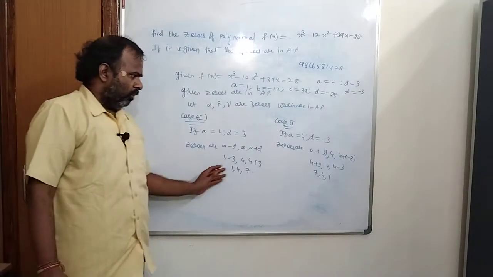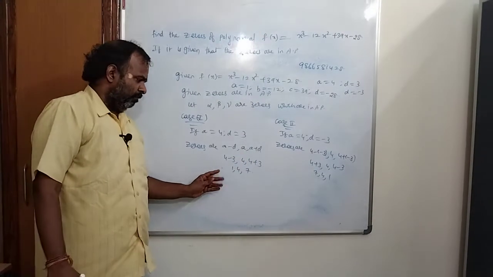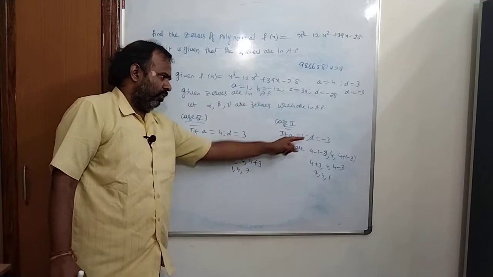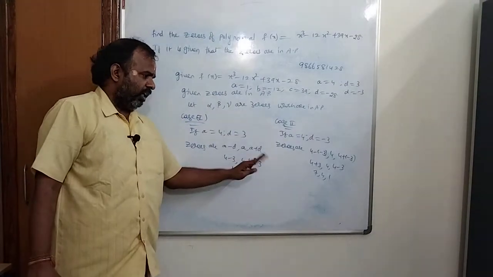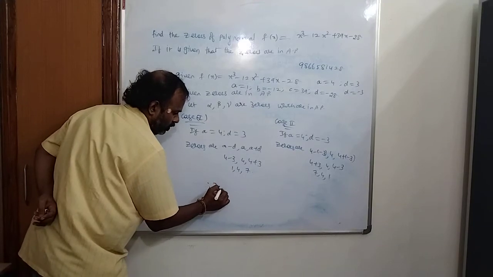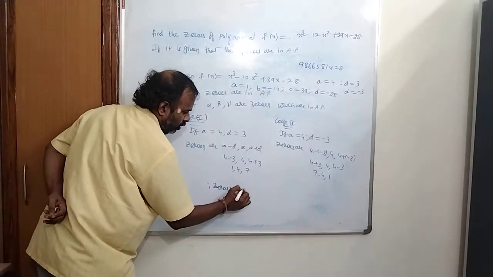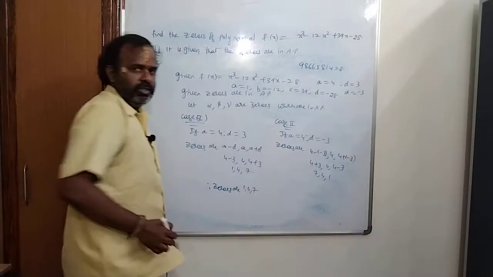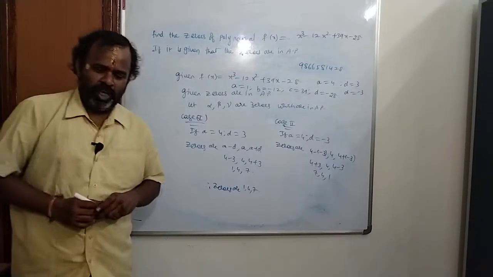So in both the cases, whether d is 3 or d is minus 3, the final answer is the same zeros. So therefore the zeros are 1, 4, 7. Okay, thank you.